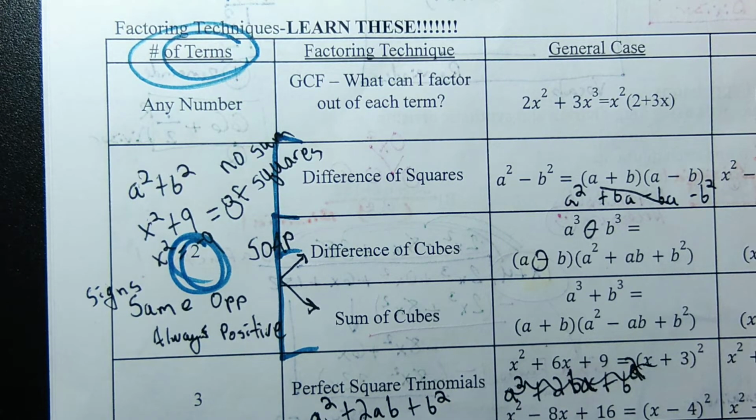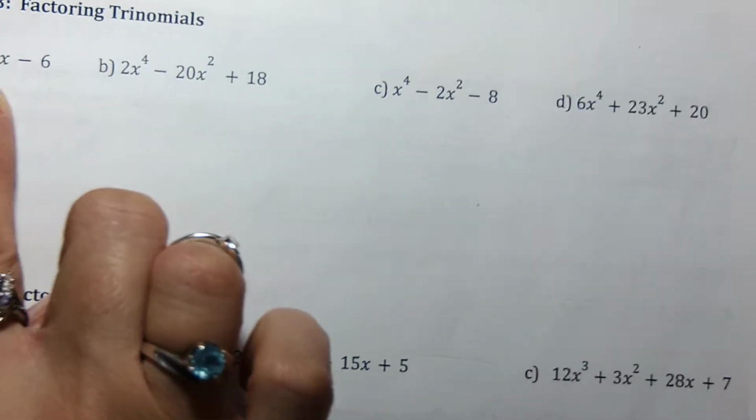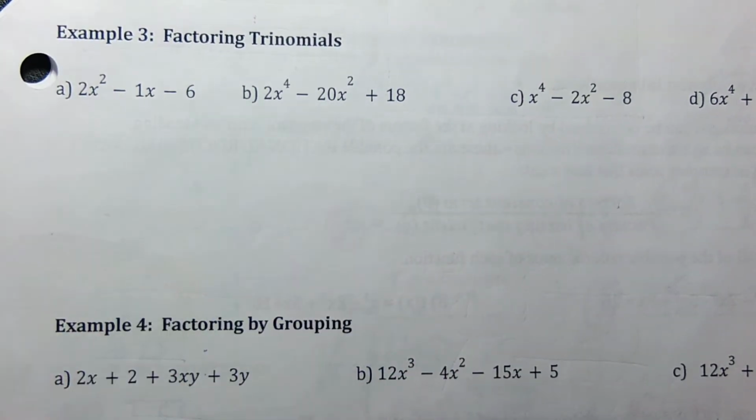So if there's any more than 2 terms, if you've got ax squared plus bx plus c, or if you've got this full quadratic, it's not going to be one of those special cases. So it's not sum and difference of cubes. It's not difference of squares.